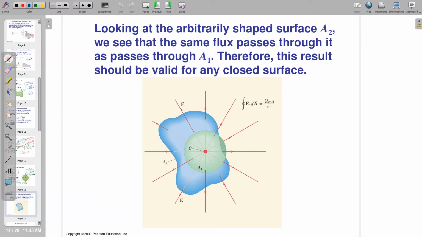This is true because Q enclosed is exactly the same no matter which surface you choose. It wouldn't matter whether you chose A1 or A2 as your Gaussian surface, you would still get that the electric flux through that surface is just Q, which is inside of there, divided by epsilon naught.